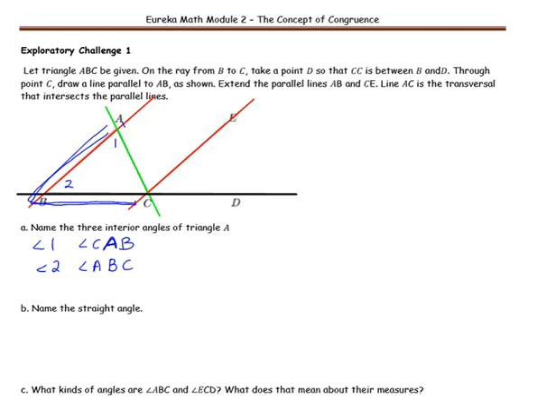Remember, what's important is that the vertex is the middle letter. Next, this will be angle 3. Angle 3 has a vertex of C, so that will be the middle letter. So you could call that angle ACB or BCA. I'm going to call it BCA.